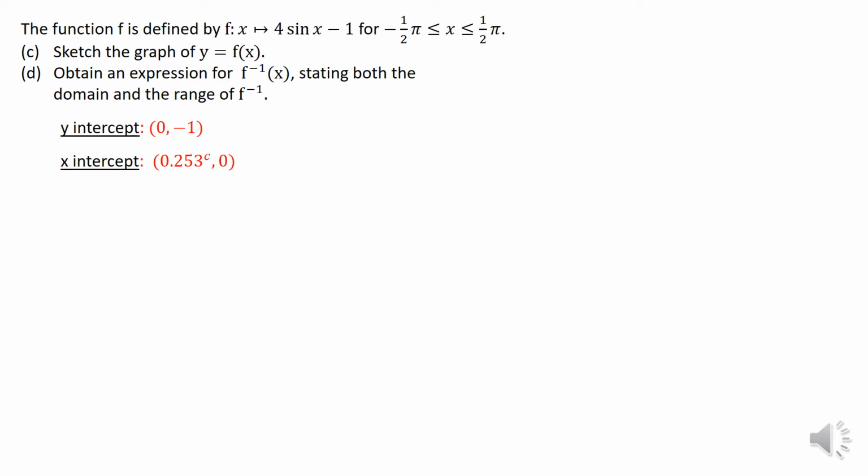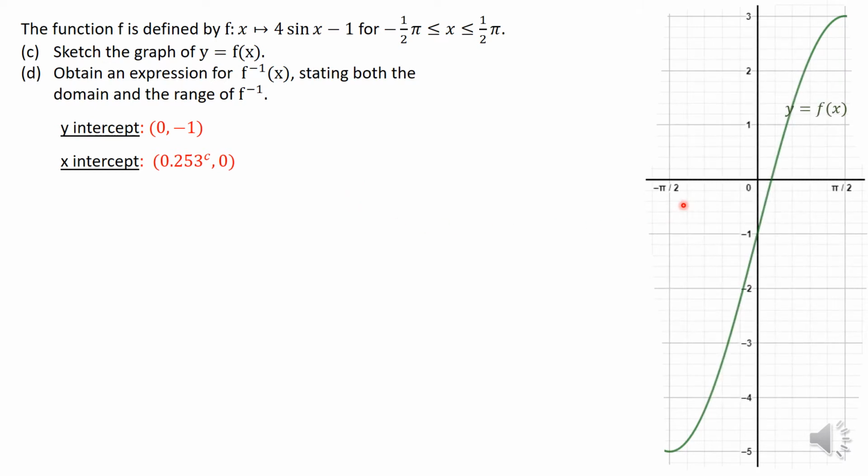Right, so with sketching, it's quite a little bit tricky, okay? But you can use a calculator and then you can also have your intervals, right? You will see that my sketch is from minus pi over 2 to pi over 2, and sometimes it will be helpful when you are doing this because you're not going to get a grid.